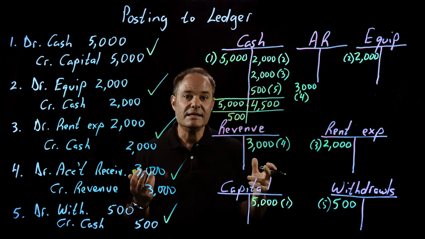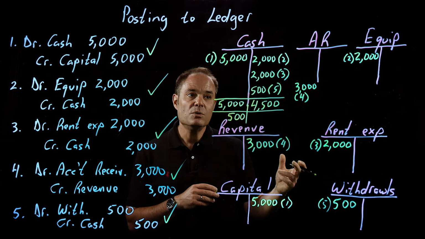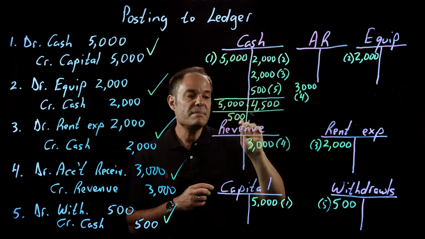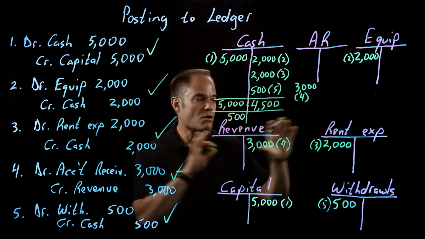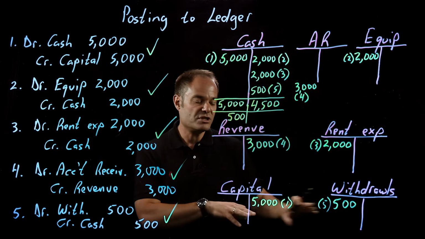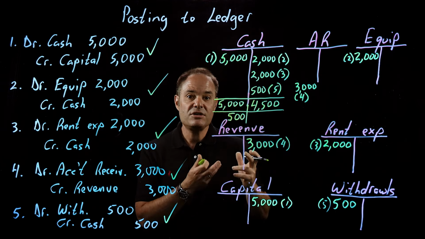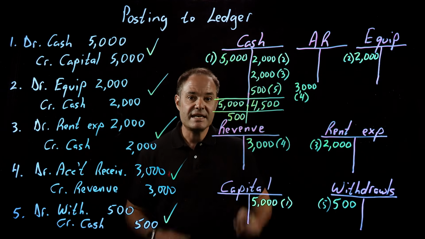What if you made a mistake? We can't afford to make mistakes here. So what we're going to see in the next video is how we reconcile that, how we make sure that once we've copied everything over to our ledger accounts and we've calculated the balance in each of these ledger accounts, it's still in balance, that the accounting equation still holds. And we'll see that in the next video.